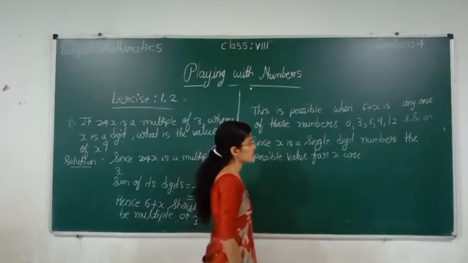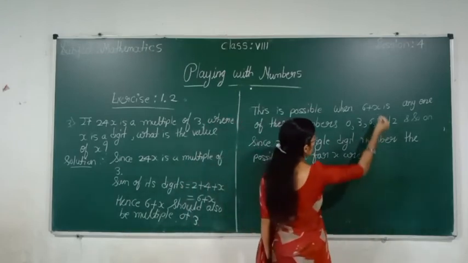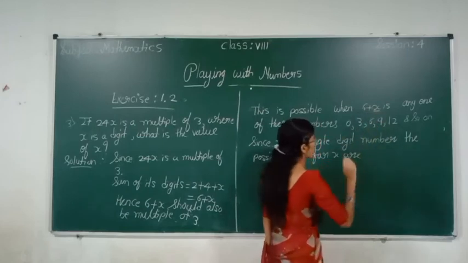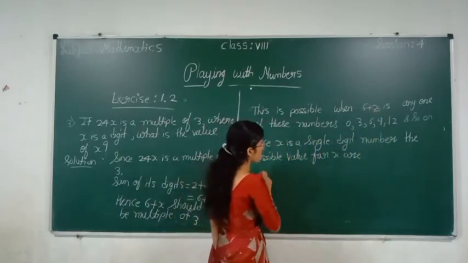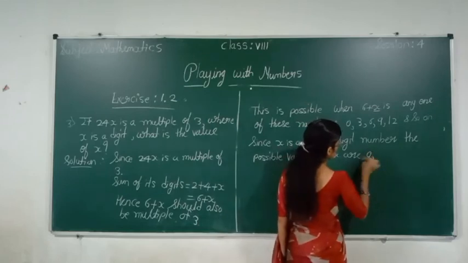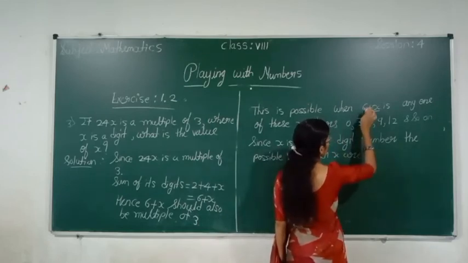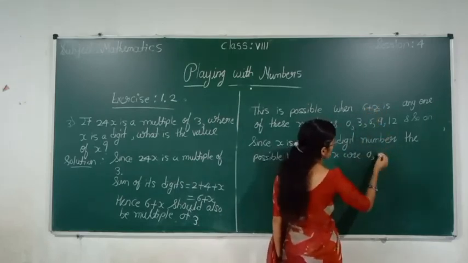Now see here student, if you put 0, 6 plus 0 is 6, that is a multiple of 3, yes or no? The possible value of x is 0. Then if I put 3, 6 plus 3 is 9.